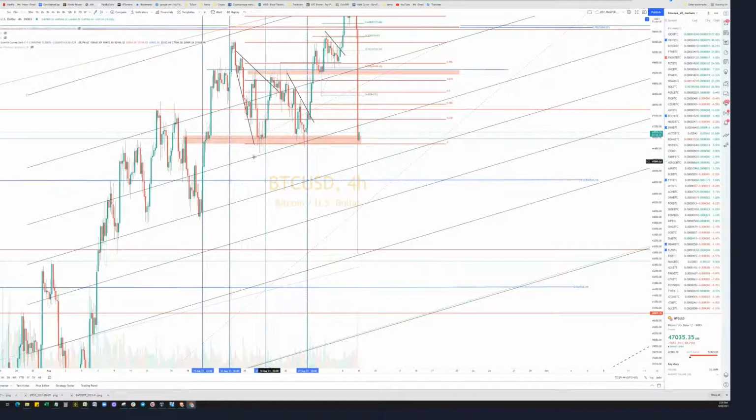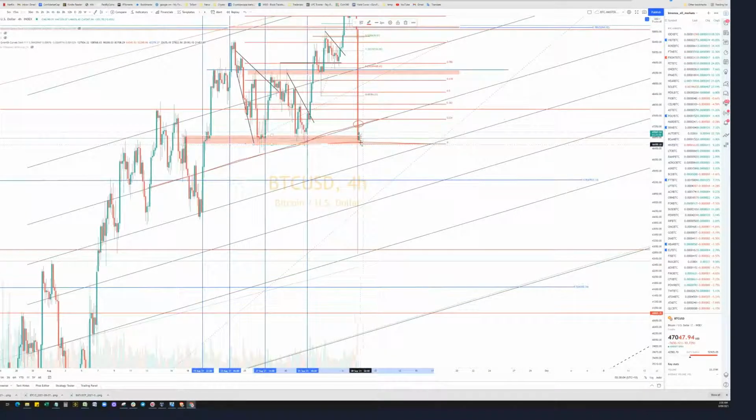I'm not even using a moving average. This is all fib, and we can see that the fib found rejection on this major line, and it's finding support on this level here, which is the 0.382 fib that we did last time.